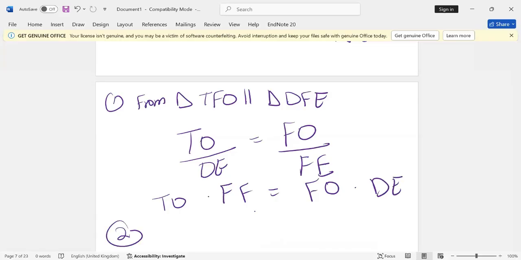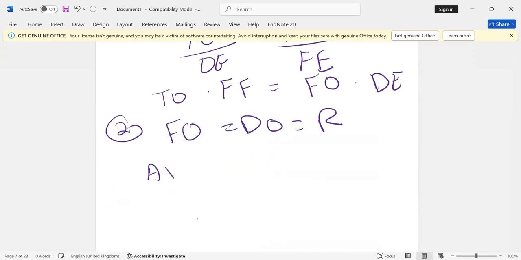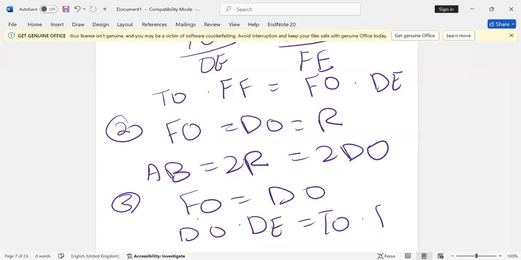So the second point is that FO equals DO equals R, and AB equals 2R equals 2DO, the diameter. Okay, so the third point is to substitute FO equals DO. So we have DO dot DE equals TO dot FE.